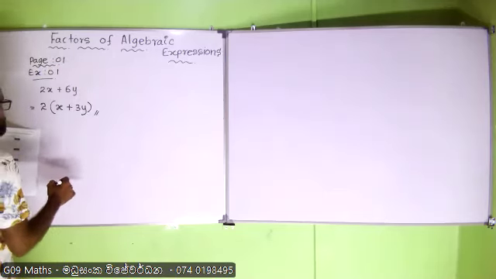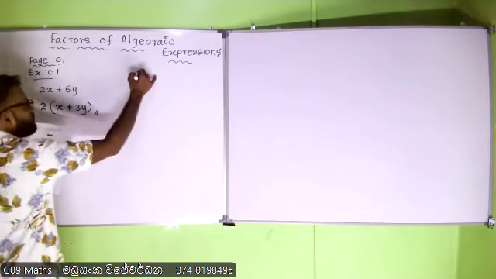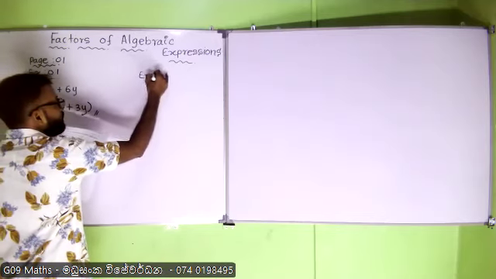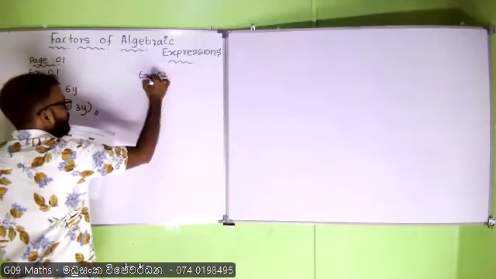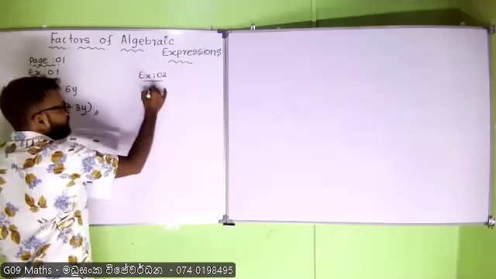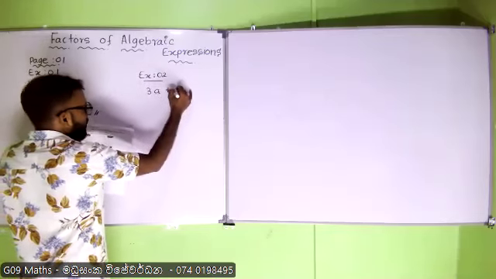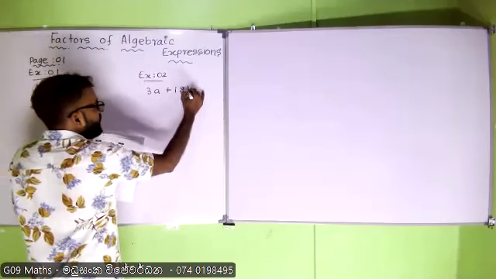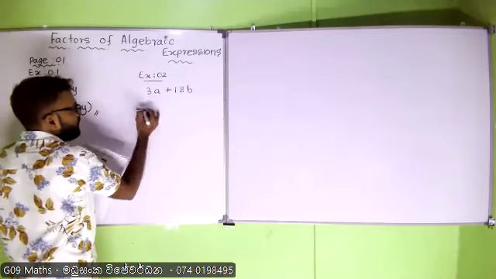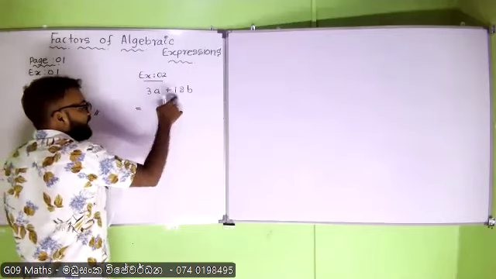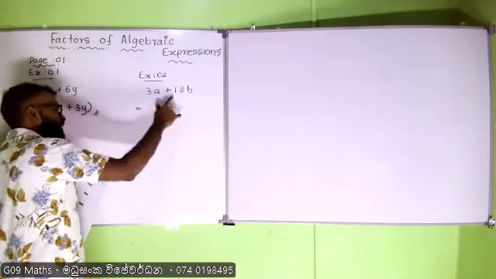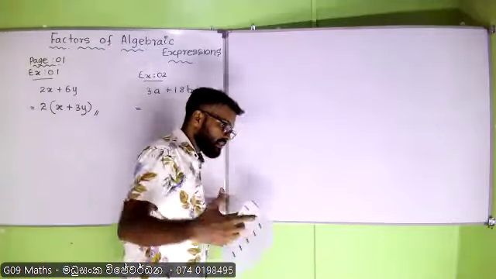Another example, example number 2. You can do it with me. Example number 2: 3a plus 18b. For 3 and 18, the highest common factor is 3.